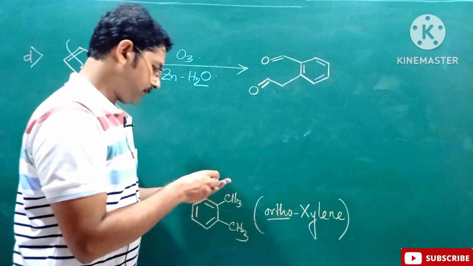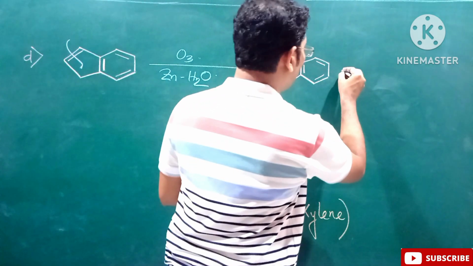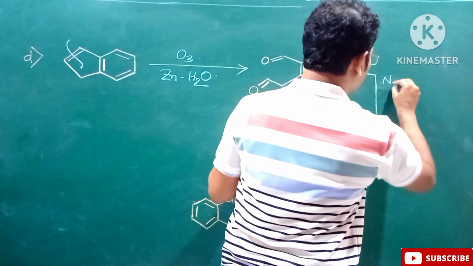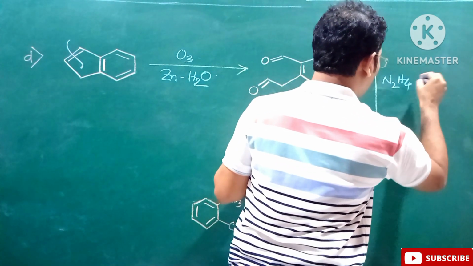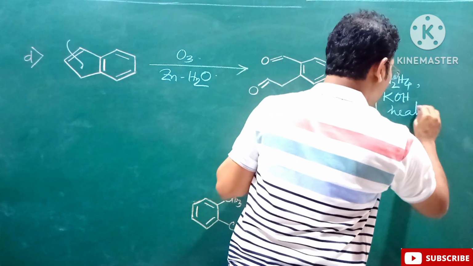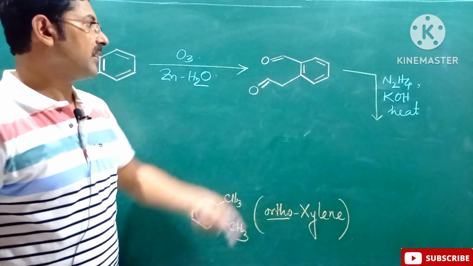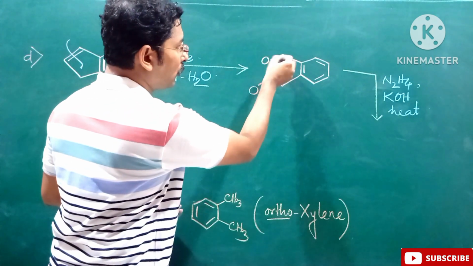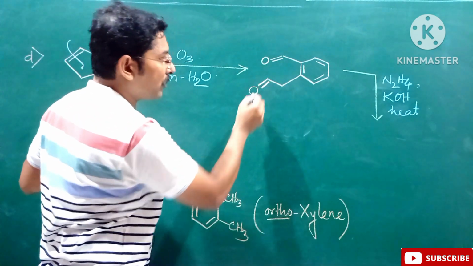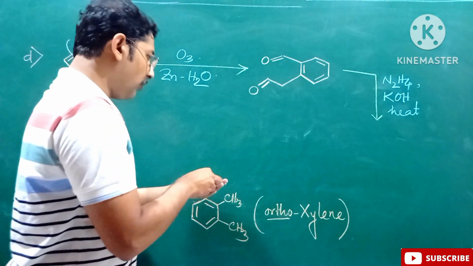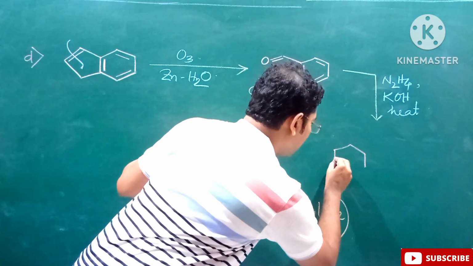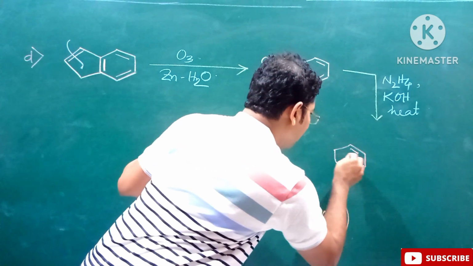Now this molecule is treated with N2H4, that is hydrazine, in presence of KOH and heat, and of course this is known as again Wolff-Kishner reduction. These carbon-oxygen bonds will be reduced. During Wolff-Kishner reduction, the carbonyl groups will be converted into alkane, right?